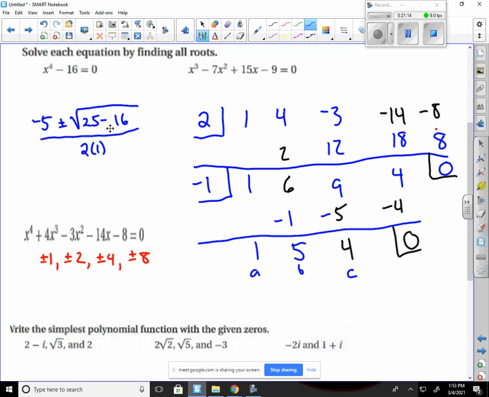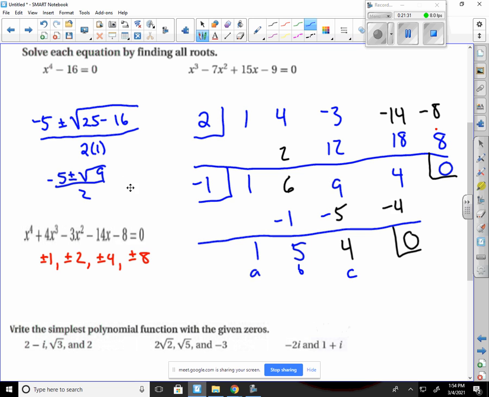Now 25 minus 16 is 9. So it's -5 plus or minus the square root of 9 over 2. Square root of 9 is 3.